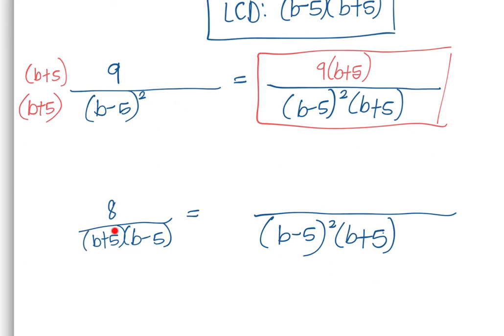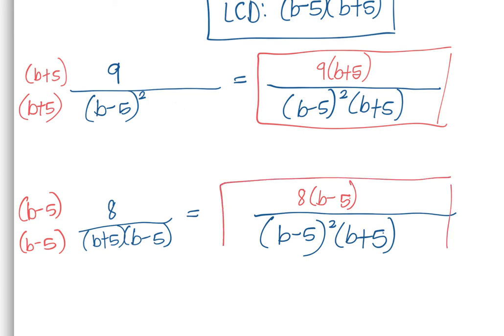So how could I make this denominator have a b minus 5 squared? You can multiply it by another factor of b minus 5, and what you do to the bottom, you do to the top. So here is our equivalent expression.